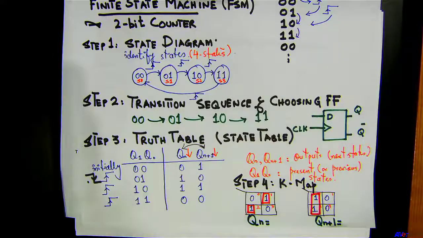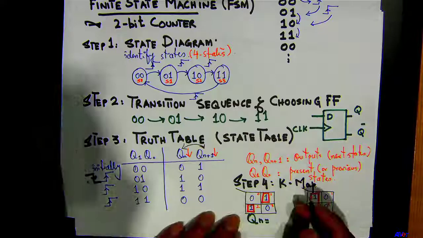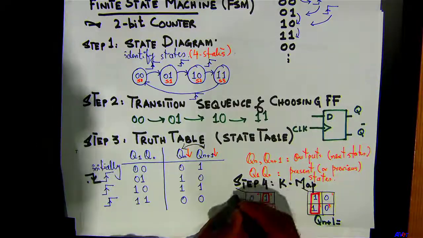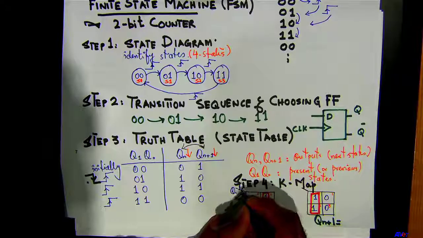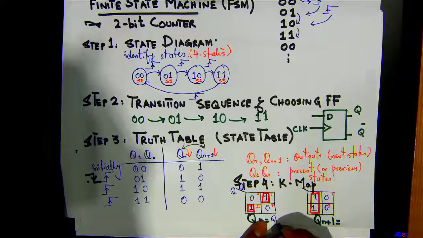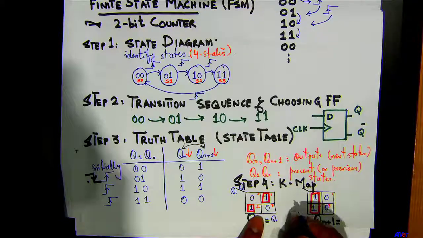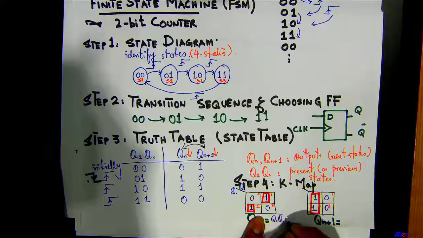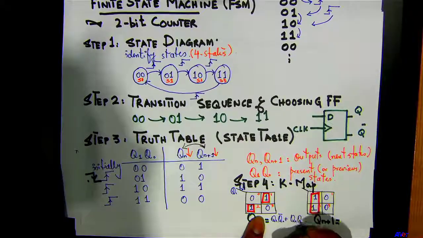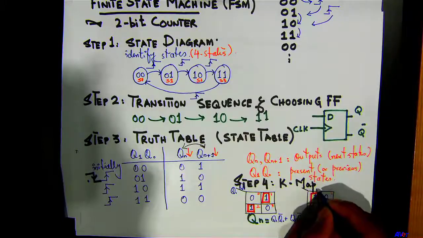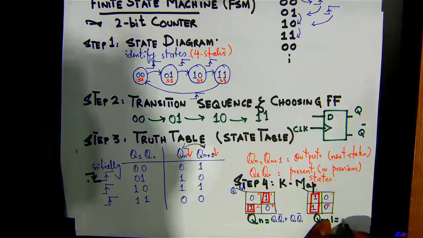So this is going to be, you have what here, Q1 and then Q0. So Q1 Q0 bar plus Q0 Q1 bar. Okay. And Qn plus 1 is simply going to be Q0 bar.